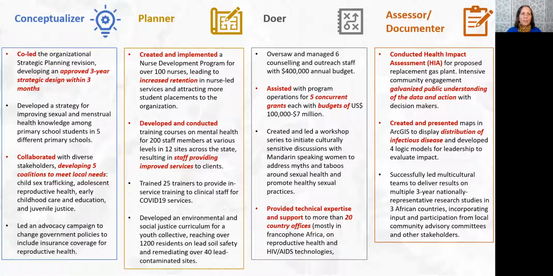And finally, under the assessor documenter, this middle bullet is someone who was a year out of grad school. She was in a fellowship. And what we were able to do is use the ArcGIS training that she had taught herself to work with this program to make maps, to create and present maps.